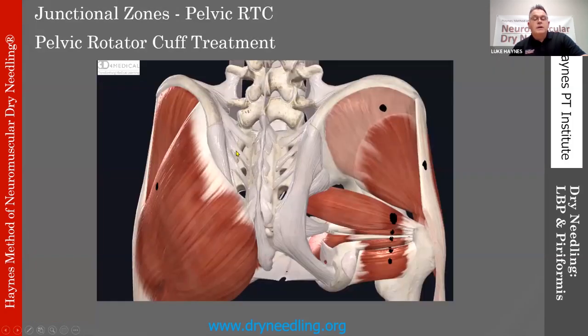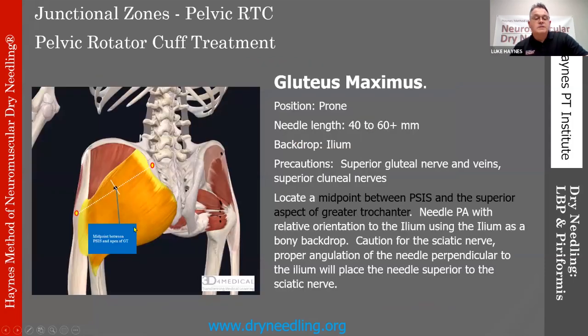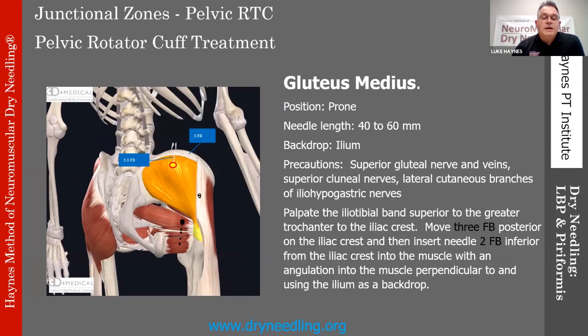Moving down into what I term the pelvic rotator cuff. Here, our gluteus maximus, we're going to identify the greater trochanter and the PSIS. We'll split that in half, and at a midpoint, we will needle down to the ilium with angulation perpendicular to the ilium itself. Gluteus medius, I'm going to use the IT band as my reference.